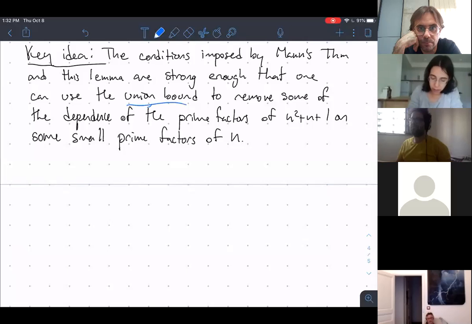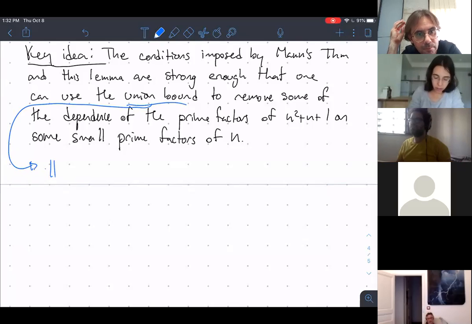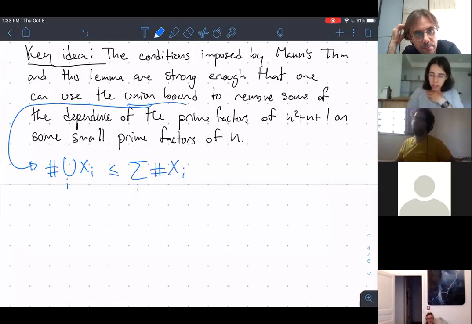If we want to bound the cardinality of some set that's just the union of some other sets, then the crudest thing we can do is just sum over i and take the number of things in each set. Okay, it's just that. So what I end up doing is writing the number of orders of perfect difference sets as a union of some other sets in such a way that doing this crude thing doesn't actually lose you that much.